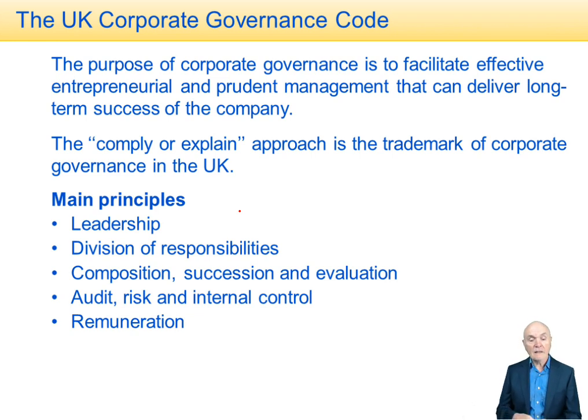In the UK, it is what's known as a comply or explain approach. In other words, there is no law, no statute which tells companies this is what you must do.